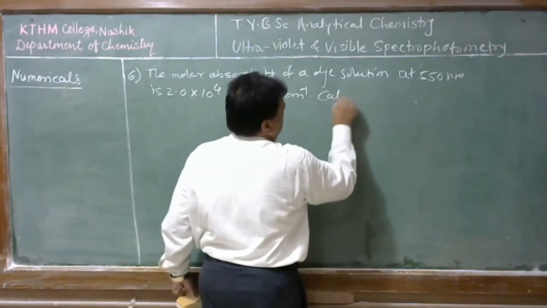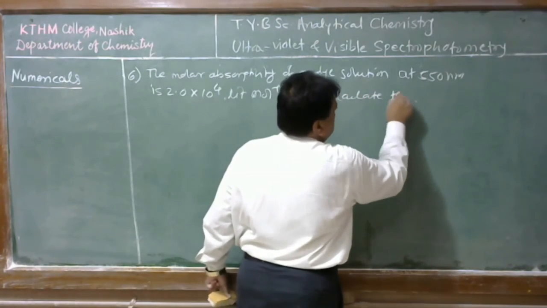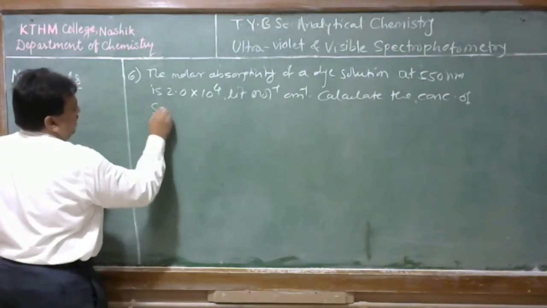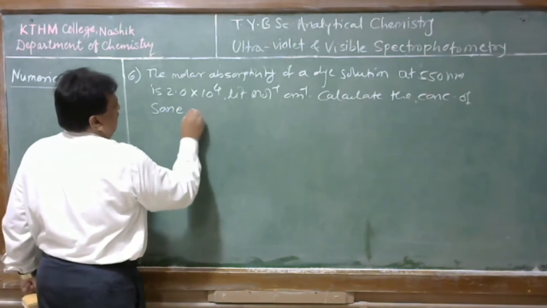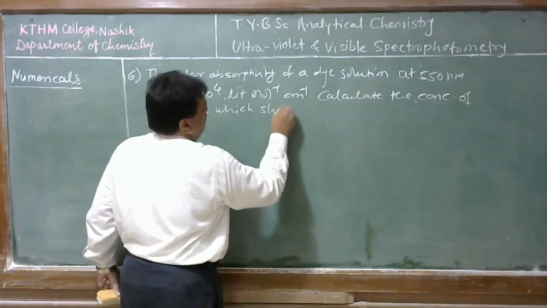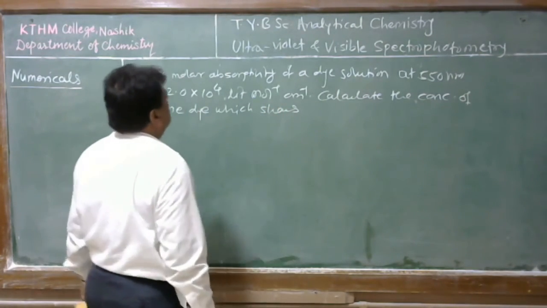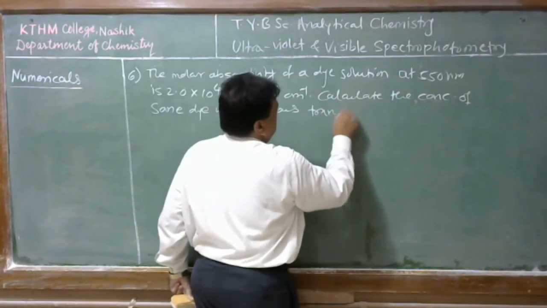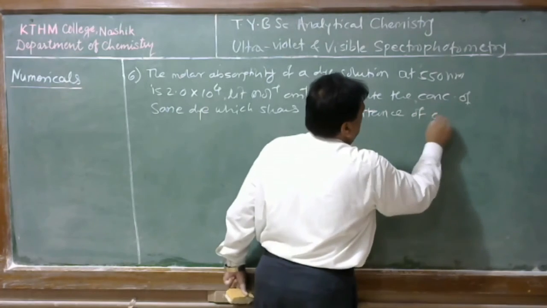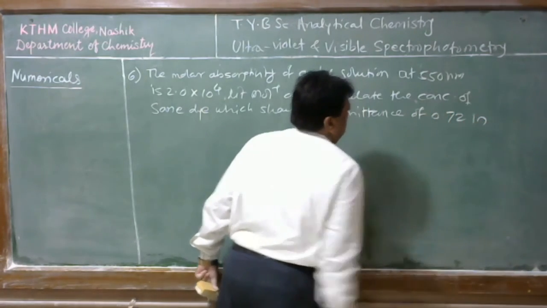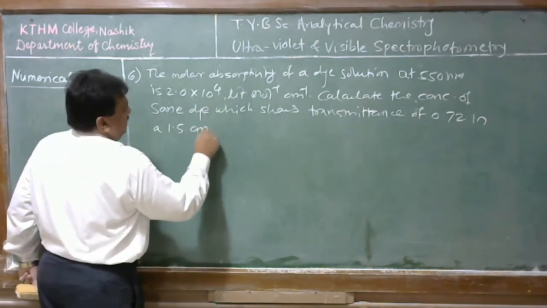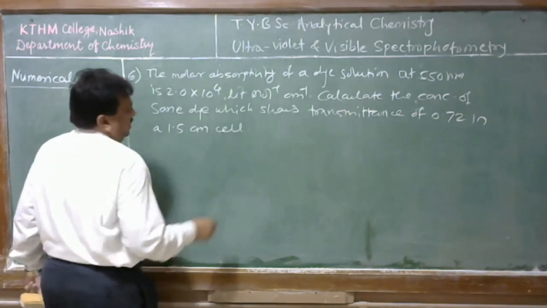Calculate the concentration of the same dye solution, which shows transmittance of 0.72 in a 1.5 centimeter cell at this wavelength.